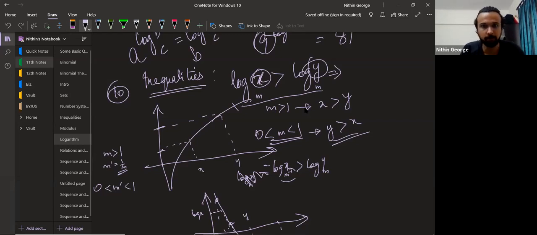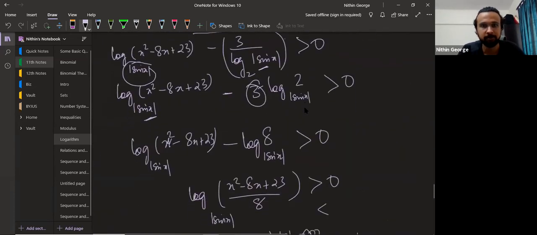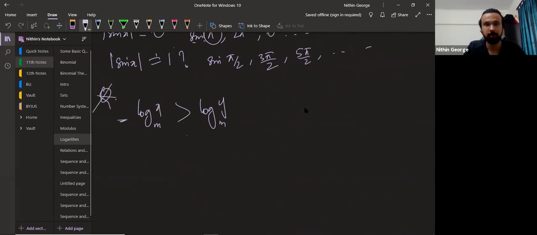Okay, I need some more space to write this. Log x to the base m is greater than log y to the base m is what's given. This is not a question, this is a property. What I'm saying is m dash is a quantity between 0 and 1, which is 1 by m. So I'm trying to incorporate that, and I'll show you.